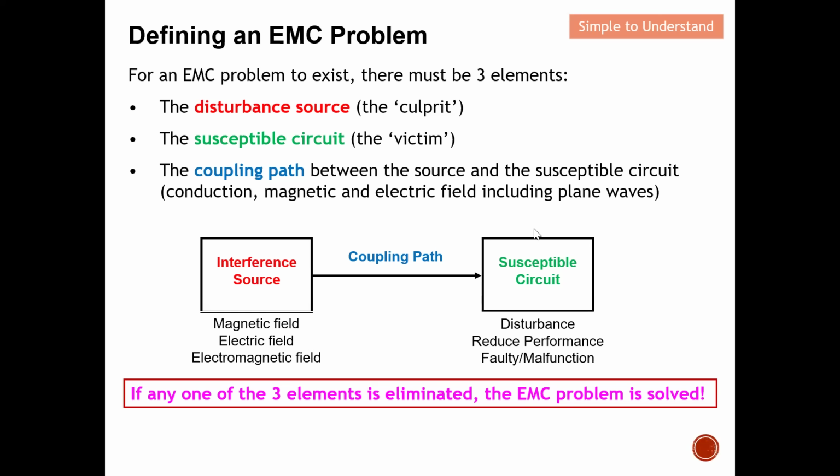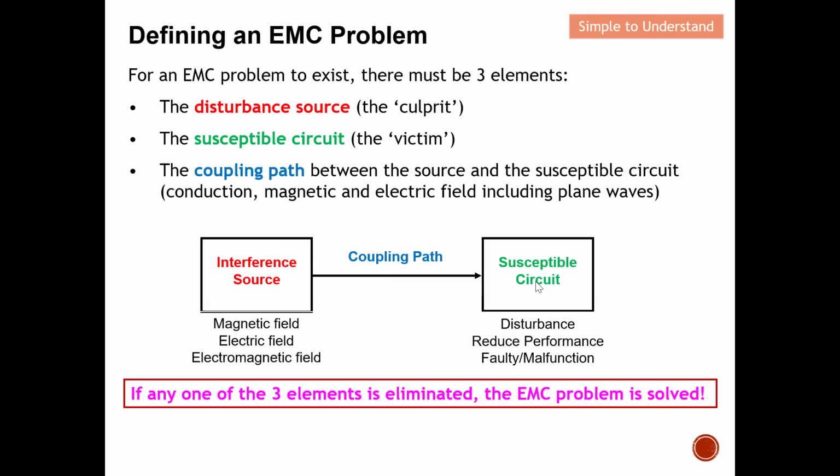Then again, the EMC problem will be resolved. Last but not least, I think the best way is to cut the coupling path. For example, if I know the source comes from this path, and we can cut away this path, which means we break the link here, then the noise source will not be able to reach the victim.